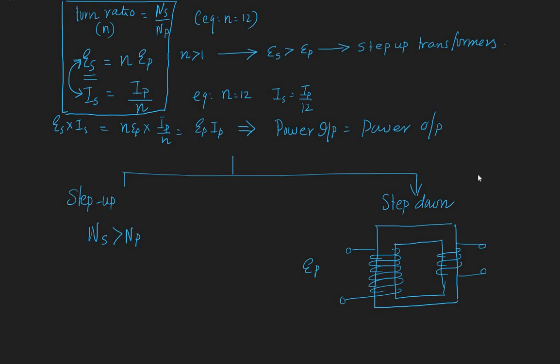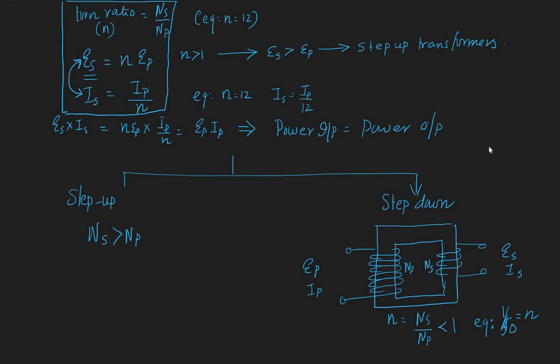So EP, IP, ES, IS. In this particular case, your N, which is NS by NP, is less than 1. Let's say in the previous video we saw a ratio of 1 by 50, so that means your secondary coil is 1 by 50 times the primary coil, right?